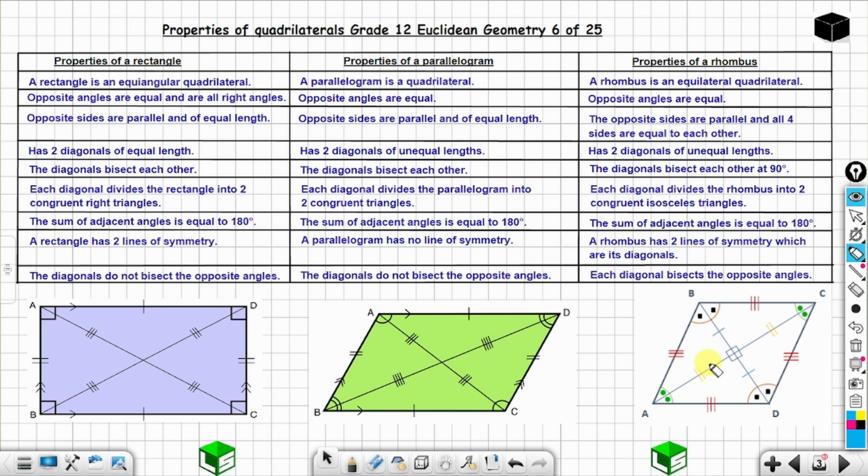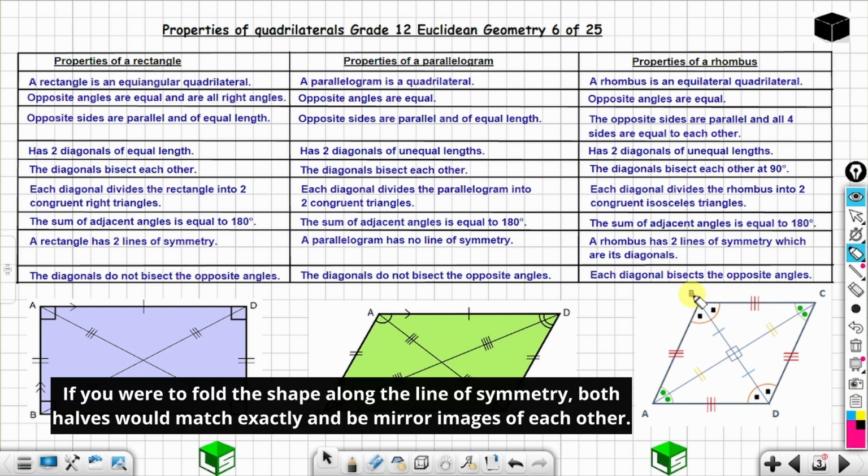A rhombus has got two lines of symmetry, which are its diagonals. Okay, for a rhombus, if I fold the rhombus about this diagonal, this part will be exactly on top of this part. If I use this diagonal, can you see? Let me get my highlighter.